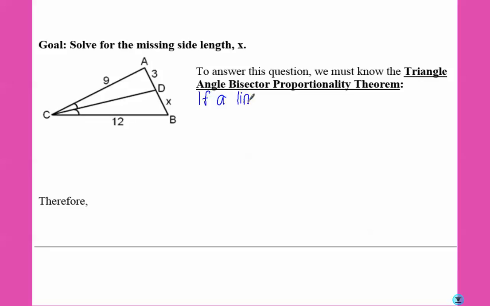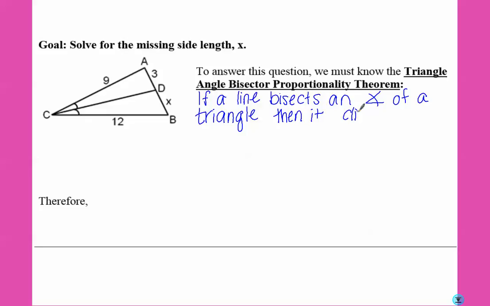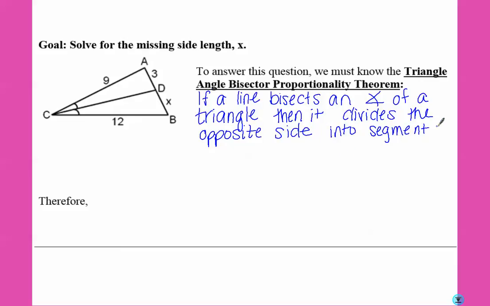If a line or a ray or a line segment bisects an angle of a triangle, then it divides the opposite side into segments proportional to the other sides.